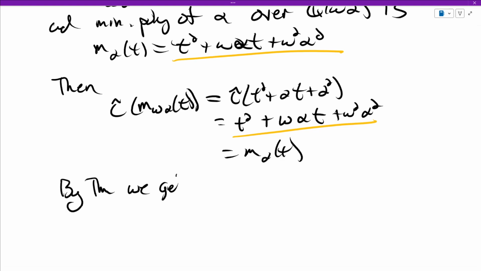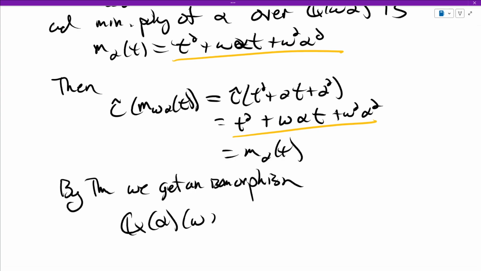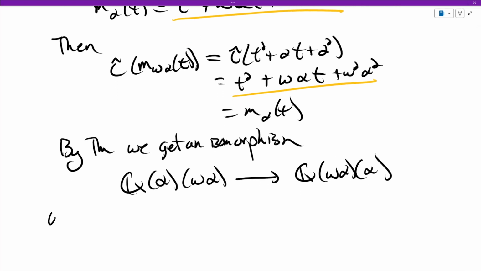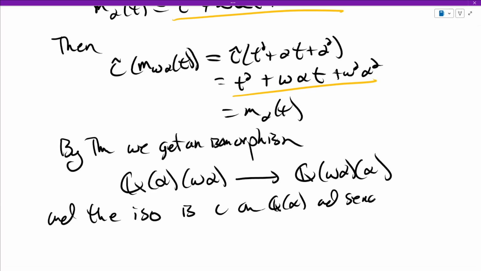So by the theorem, we get an isomorphism, where we added in omega alpha to this one, and we added in alpha to the other. And this isomorphism is iota, oops, I keep dotting my iotas, on Q alpha and sends omega alpha to alpha.